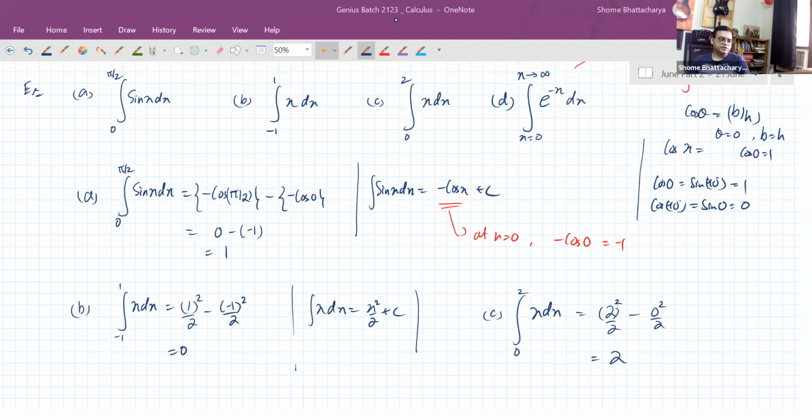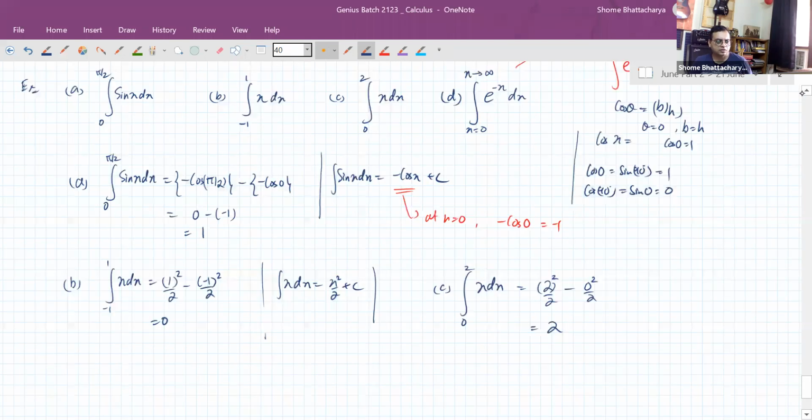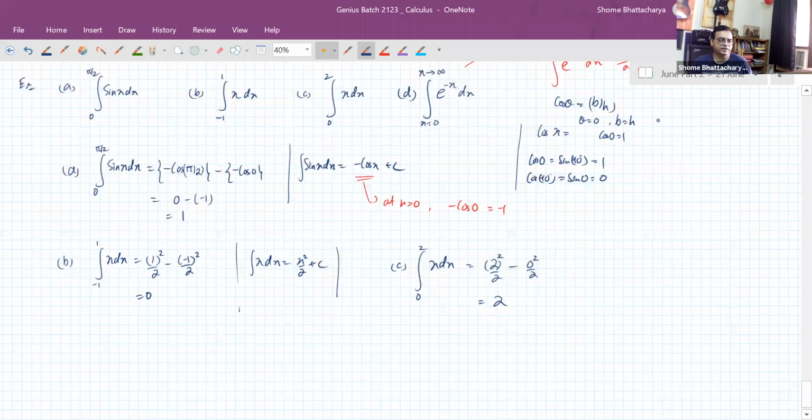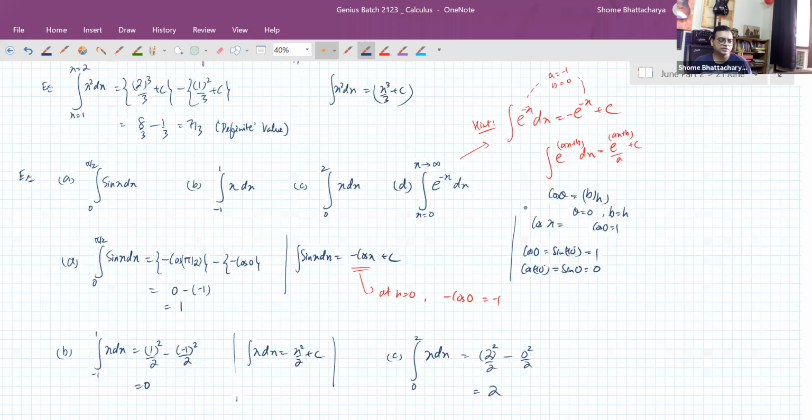Especially those who have got all three correct for the first three, try out the fourth one now using the hint that I've given. I'll just minimize this a little so you can see the hint again. As you can see, definite integration is just one further step from indefinite integration. The main thing is you have to come up with the antiderivative. Then only you can substitute the upper limit and the lower limit. So how to get the antiderivative of e raised power minus x?